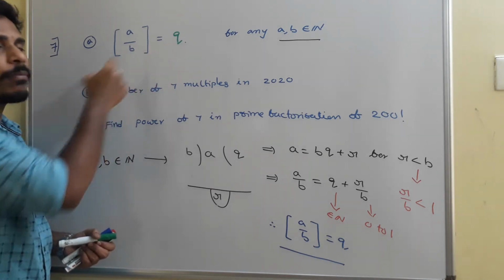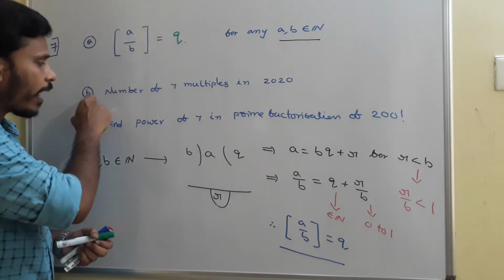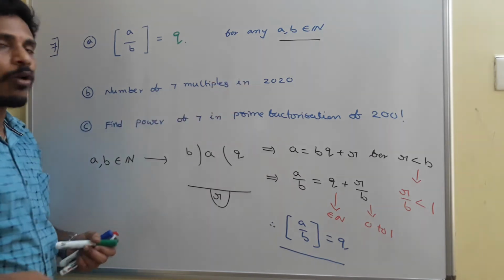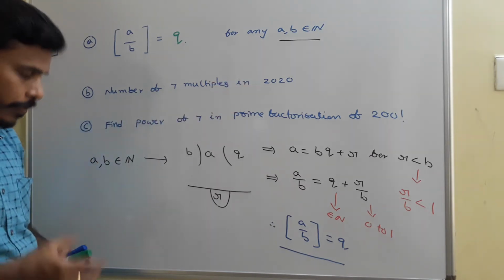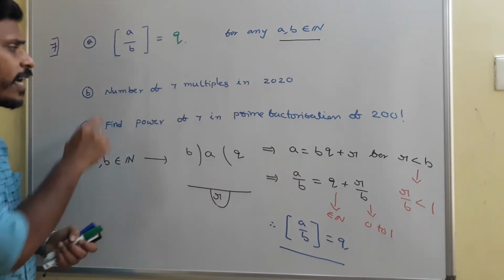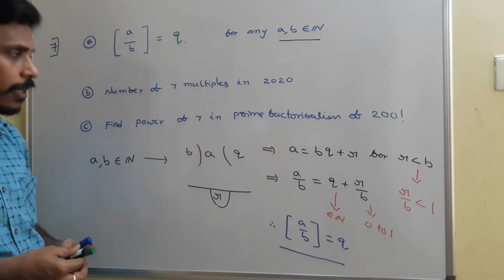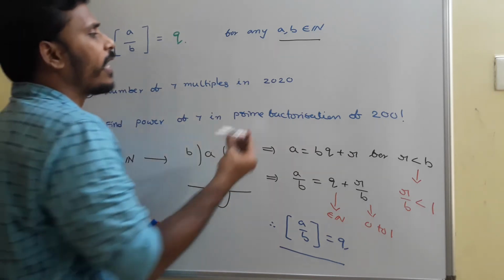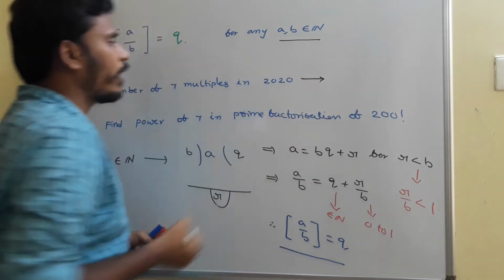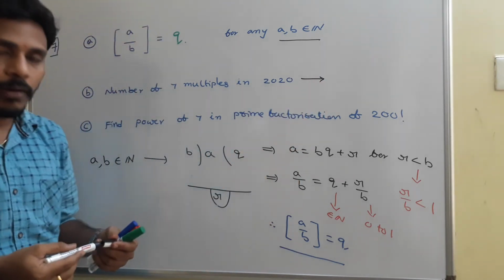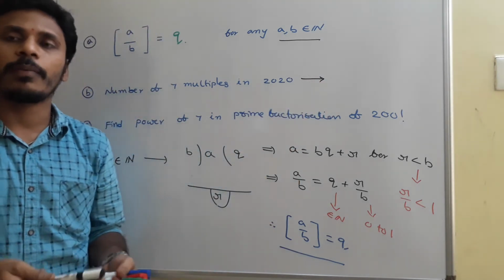Using that step of a by b as q, I will calculate the number of 7 multiples in 2020. Okay, just think about it. Here I need to calculate the number of 7 multiples in 2020. I think we are all familiar with calculating the number of 7 multiples or 3 multiples in a particular number.